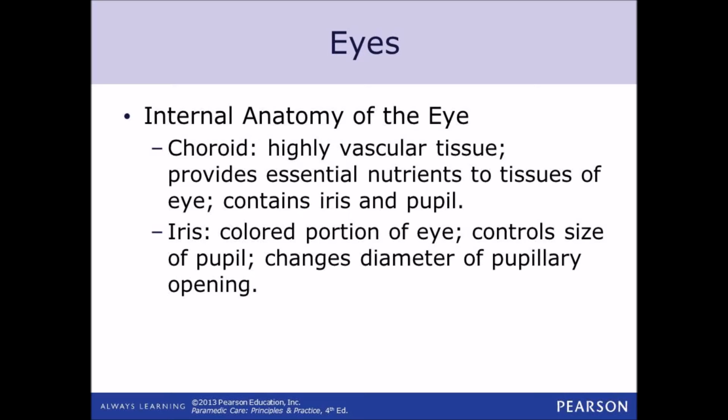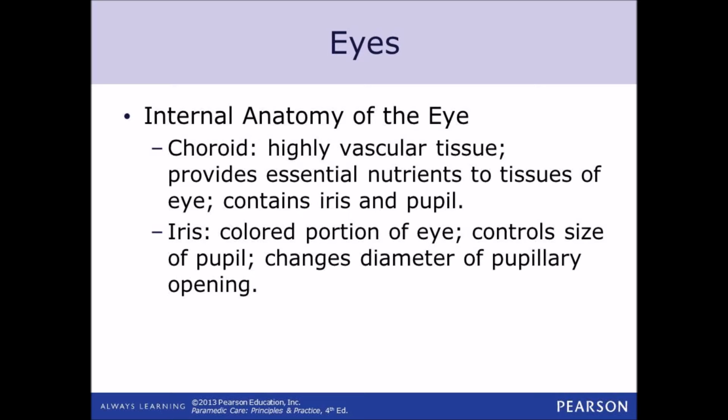So the choroid, which is the middle layer, obviously this is going to be our vascular layer. There's kind of a trending theme that you'll see when we talk about that middle layer, but that's going to be our vascular layer, and this is what's going to feed all the tissues and keep everything maintained. You also have the iris, which again is going to be the division, if you will, between the anterior chamber and the posterior chamber on that anterior aspect of the eye.